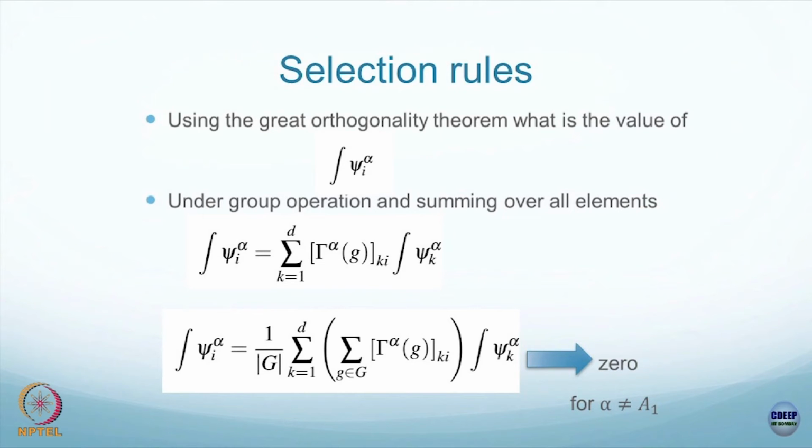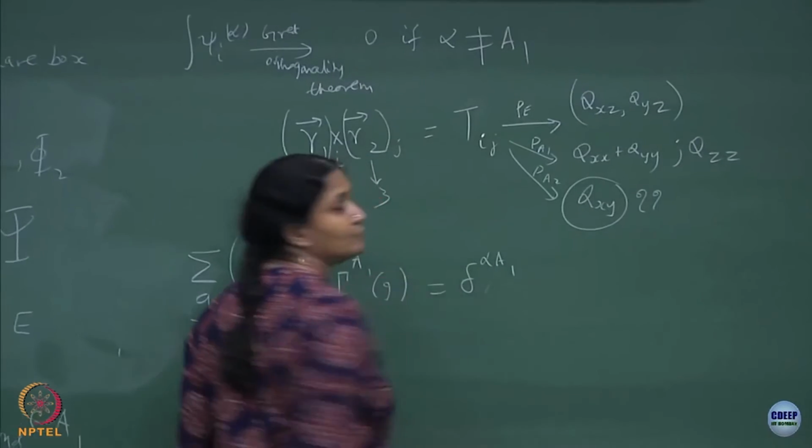Is that clear? So, what have I proved? I wanted to find what is psi I alpha, and I proved using great orthogonality theorem it is 0 if alpha is not equal to A1.